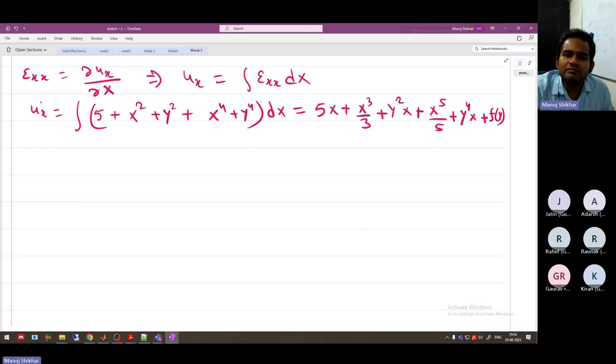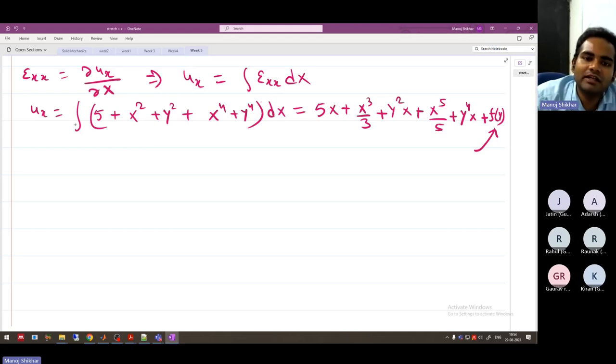So u_x may have a term which is just a function of y, and when it was differentiated, we only got these terms. That is the place from where the significance of f of y is coming: u_x may have some f of y, which became 0 when I differentiated with respect to x. So I need to consider f of y while integrating.